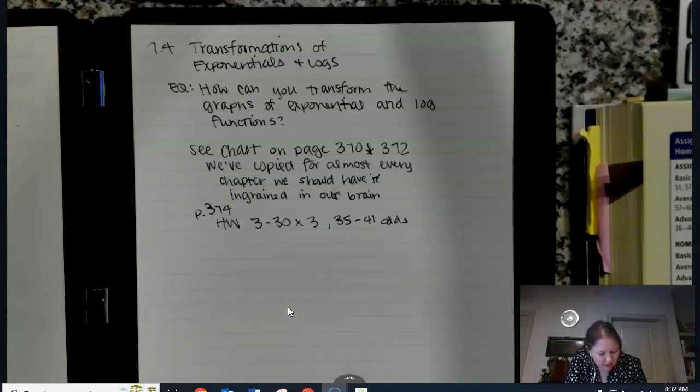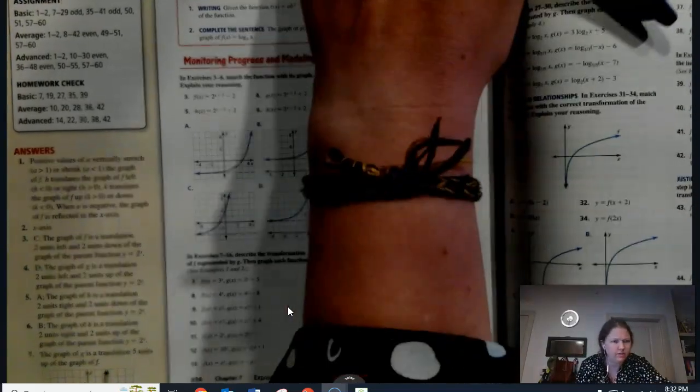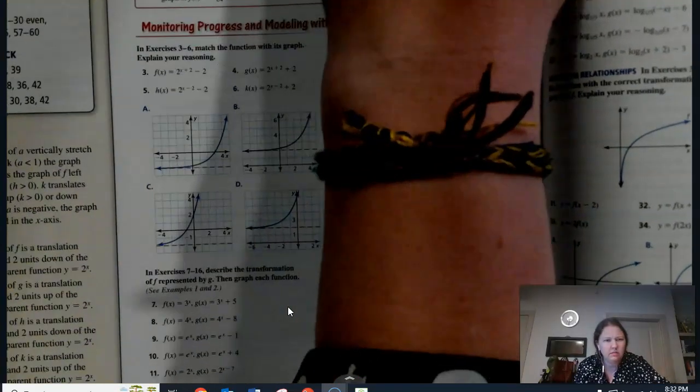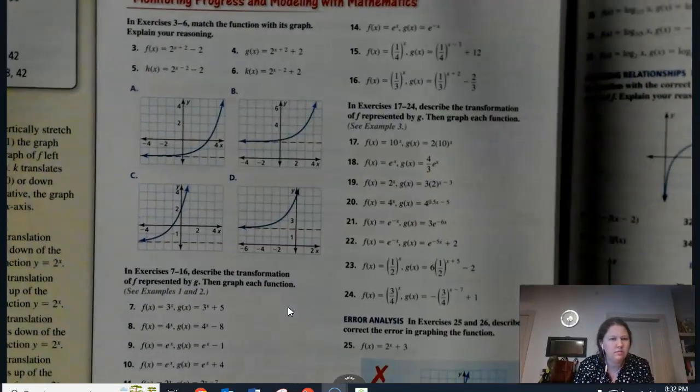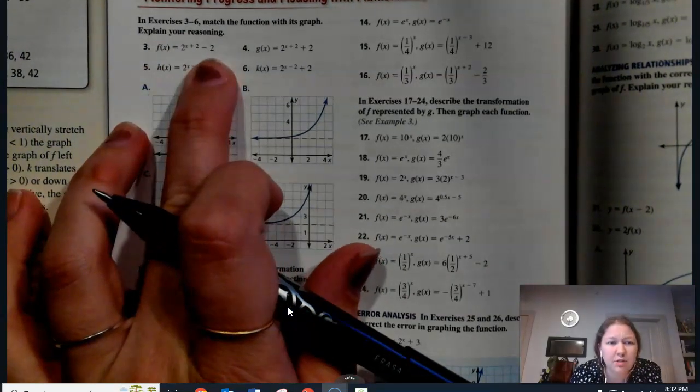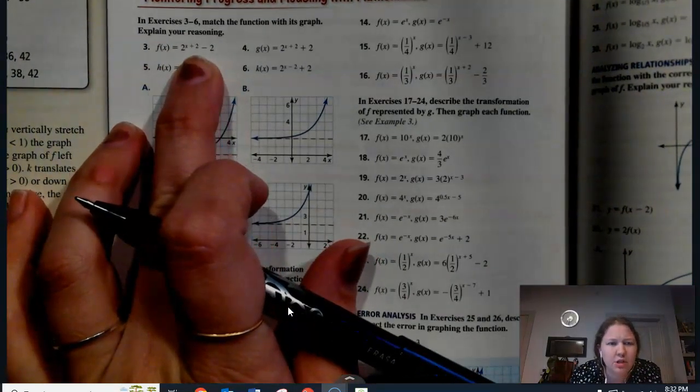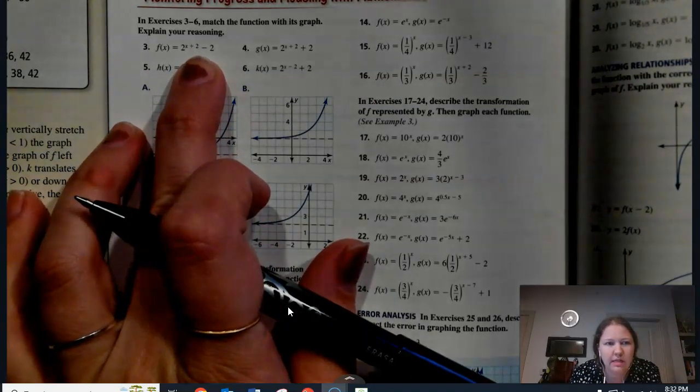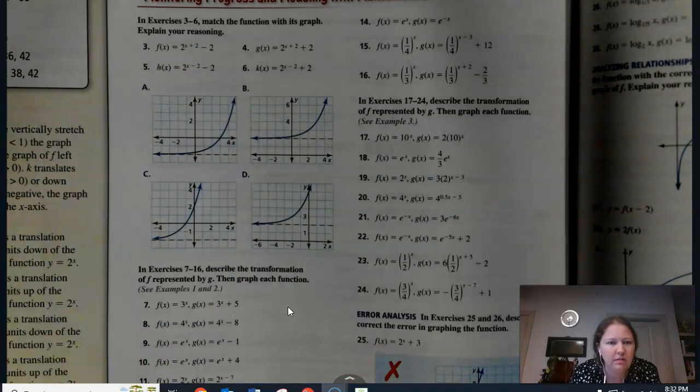Okay, so 3 and 6 are matching your equations to the graphs given. So I'm just going to show you that so that way you can visually see what we're talking about. Here we go. So 3 is x minus 2, x plus 2, and then minus 2. So we're going to shift it 2 units to the left and then 2 units down.